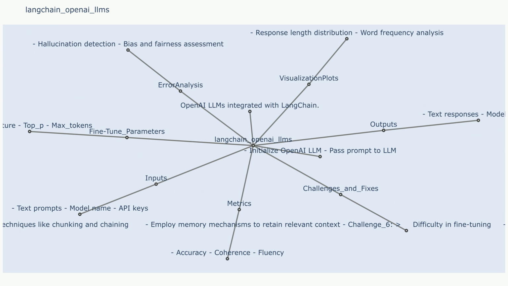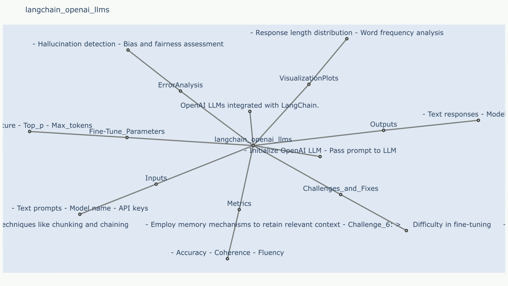Challenge 2: lack of factual accuracy. LLMs can sometimes generate incorrect or misleading information. Sample use case that resulted in challenge 2: a prompt asking for historical facts generating incorrect information about a historical event. Fixes to challenge 2.